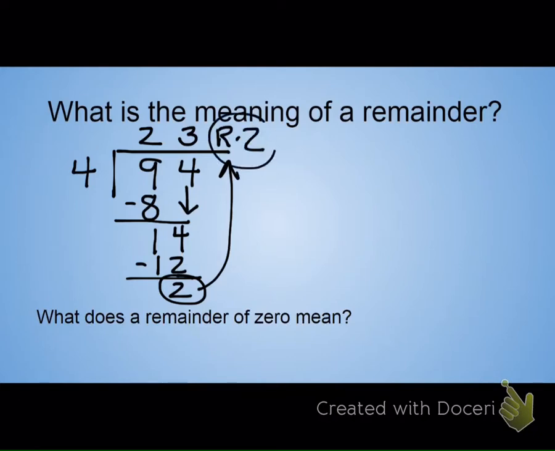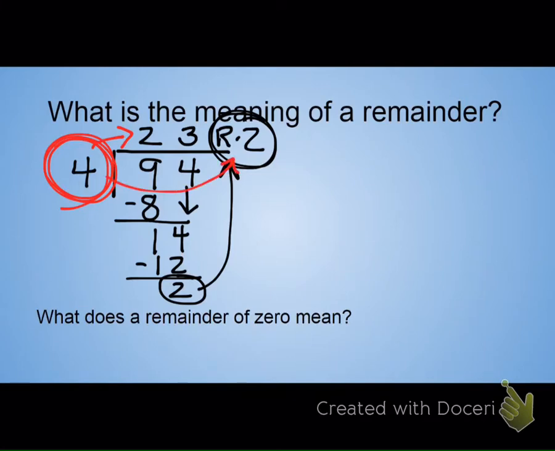So what does this 2 mean? That means if I am making groups of 4, since I am dividing by 4, I'm making groups of 4, meaning I can make 23 groups of 4. And after I've made 23 groups of 4, I'm going to have 2 left over.